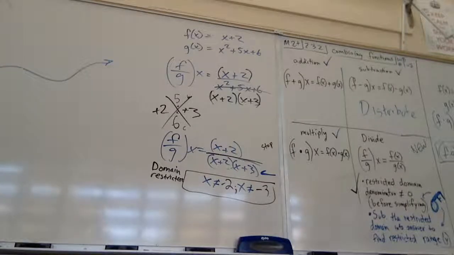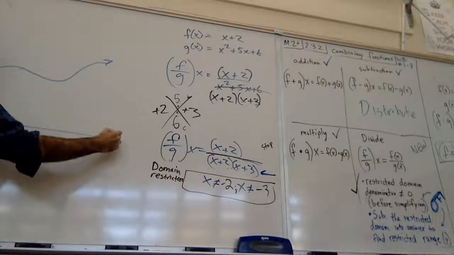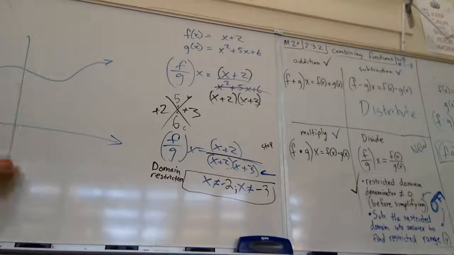Say this is what the function looks like. Along our x-axis, at -2, it's undefined, so x cannot equal -2. At -3, it's also undefined, so it would be like a hole in your function. That's more of what this is talking about.